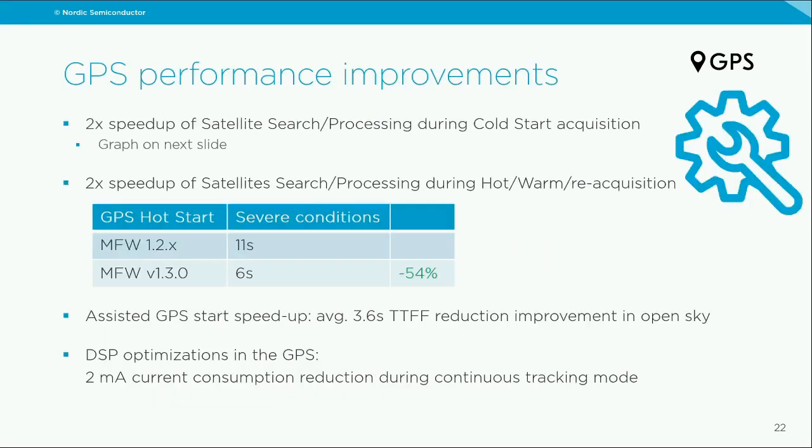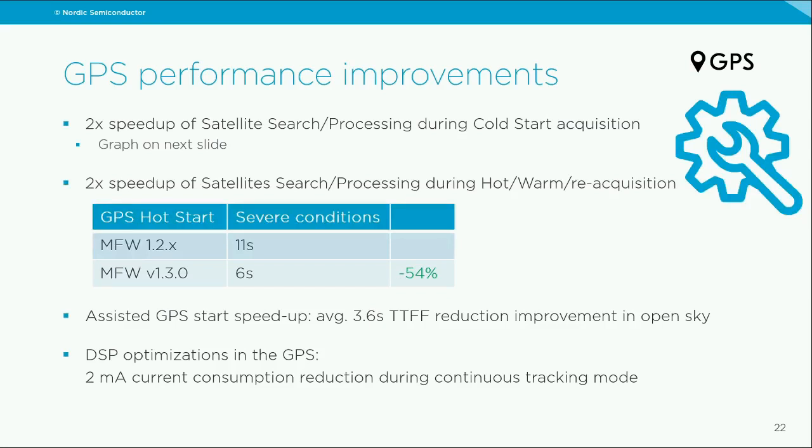And now over to some general GPS performance improvements. So we have improved the speed up of the satellite search and processing during cold start acquisition. We're going to look at the graph on the next slide showcasing this. This has also been improved on the speed up of satellite search and processing during hot, warm and reacquisition.